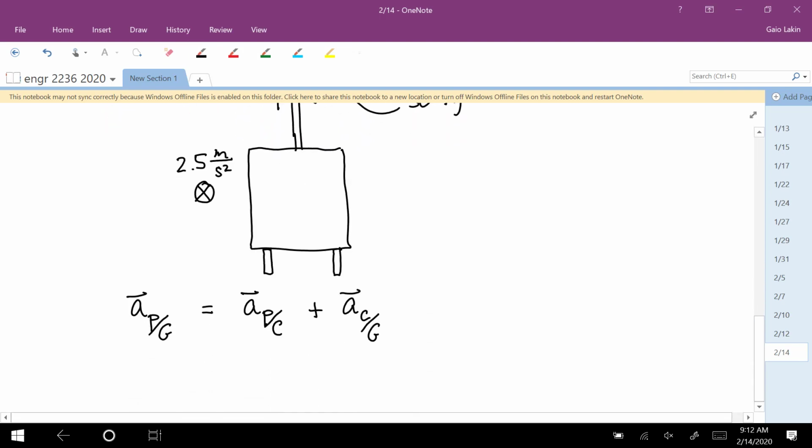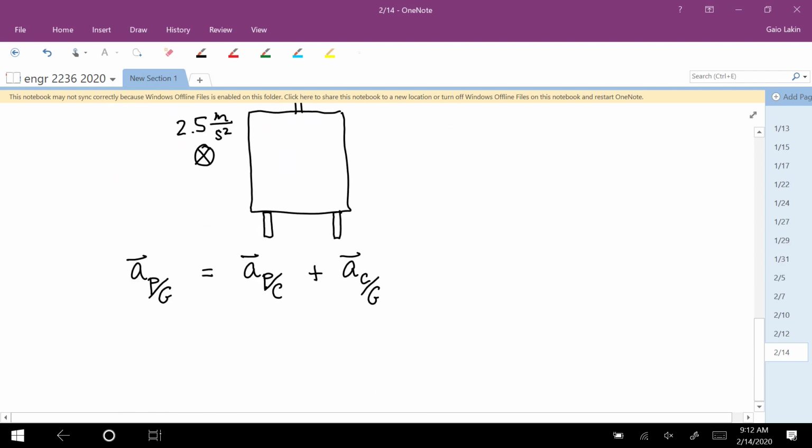The acceleration of the passenger relative to the center, that's circular motion. So this is going to come from the watermelon equation. And the acceleration of the center relative to the ground, this is the acceleration of the train.